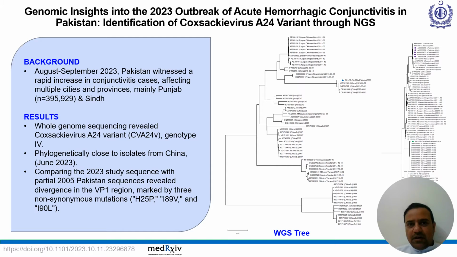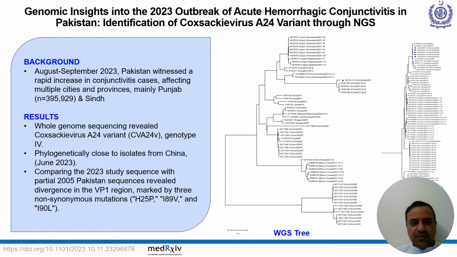So coming to metagenome sequencing, Pakistan faced a surge of conjunctivitis cases in August, September this year, where almost 400,000 cases were reported, and it was unknown what was the cause of this disease.